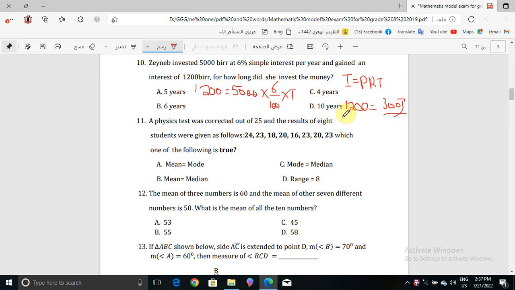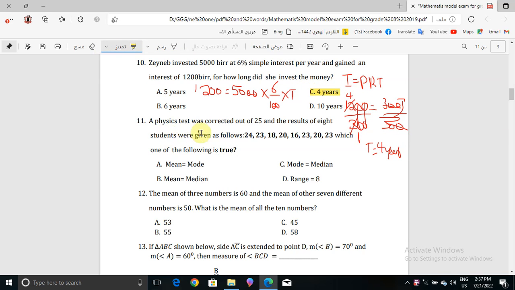Then you will divide both sides by 300. Cut 0 by 0, and then 3 by 1, and 1,200 by 4. So t is equal to 4 years. So choice C is the correct answer, because it has 4 years.